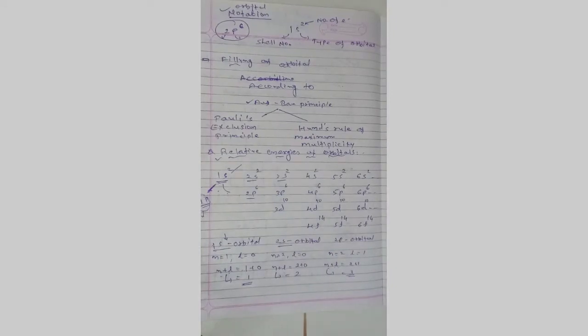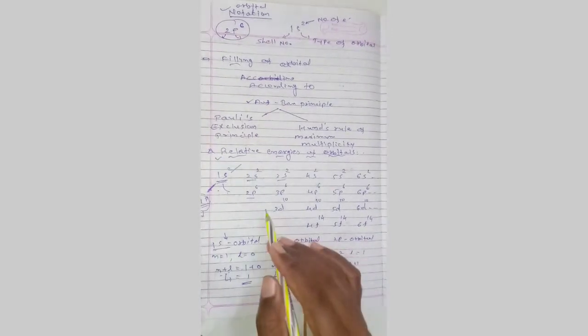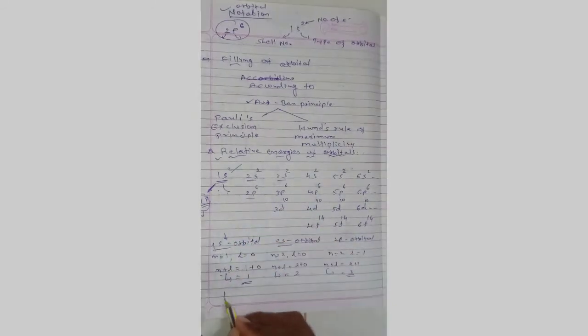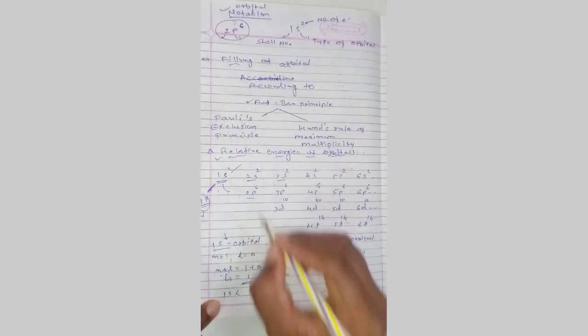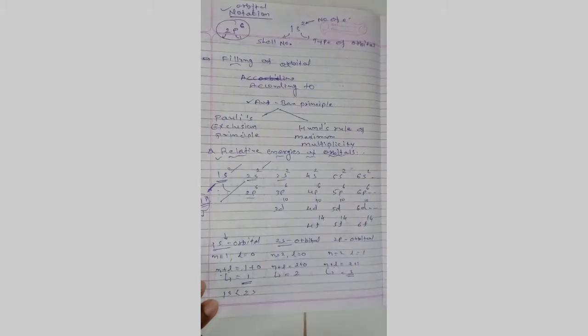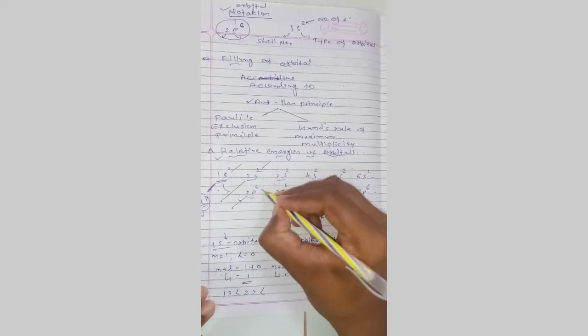Okay, so this is the basic idea about Aufbau principle. It says in the ground state of atoms the orbitals are filled in order of their increasing energies. Therefore first electrons enter into 1s orbital, then it enters into 2s orbital, then it enters into 2p orbital.